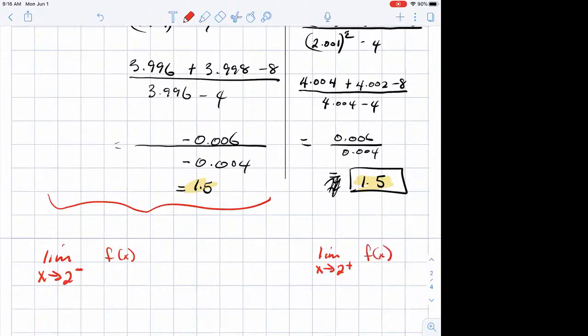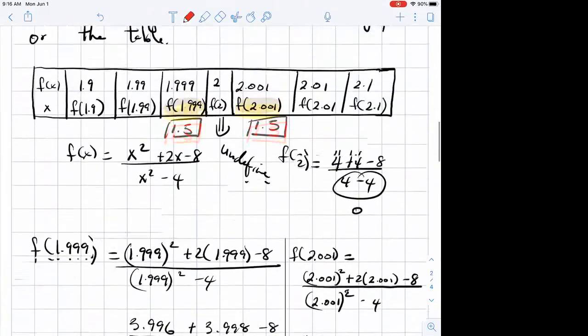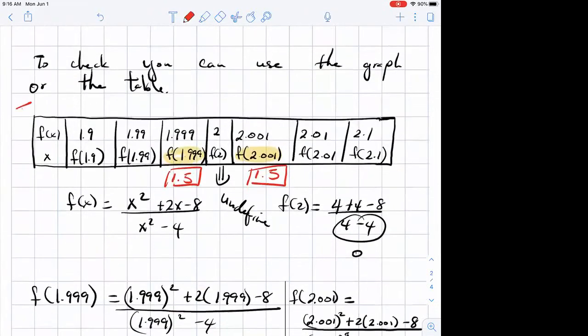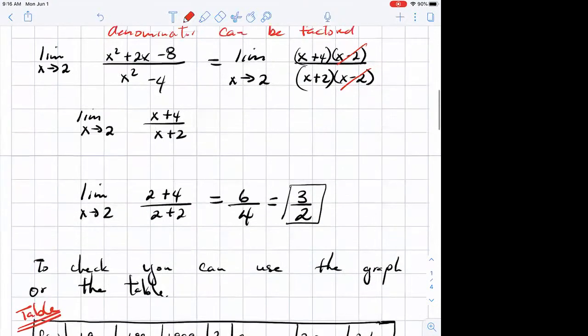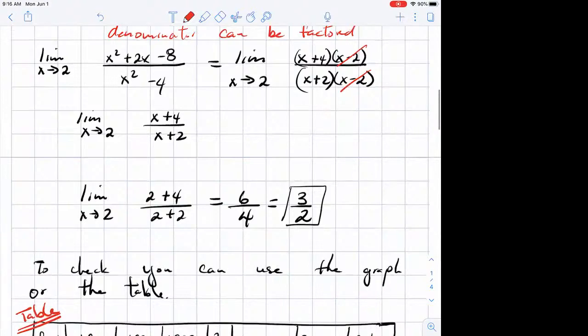So you have to get into the whole idea of those abbreviations that we've been using. So this is the table method, and this here is the analytical stuff. Okay.